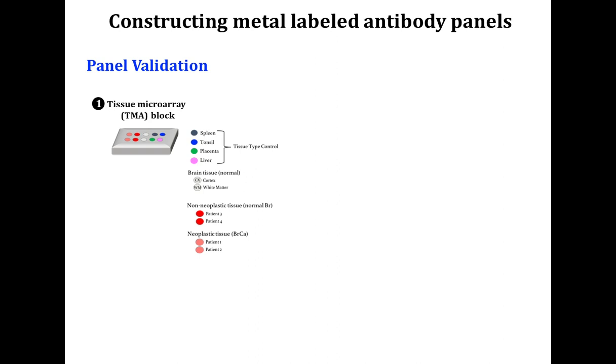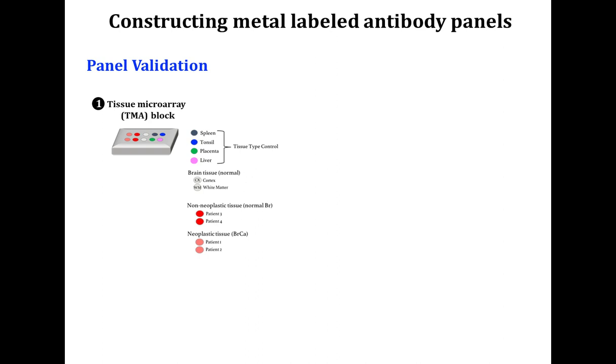Therefore, I would strongly recommend including in your TMA design also normal breast and breast carcinoma specimens in order to see first how certain markers behave during inflammation and second, how to adjust your titration according to the tissue of interest, which in this example would be breast carcinoma.